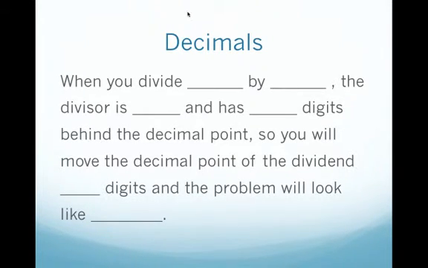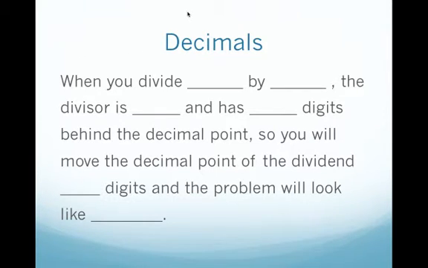Sentence frame number 5. When you divide blank by blank, the divisor is blank and has blank digits behind the decimal point. So you will move the decimal point of the dividend blank digits, and the problem will look like blank. So in the first blank, you're going to put a decimal.